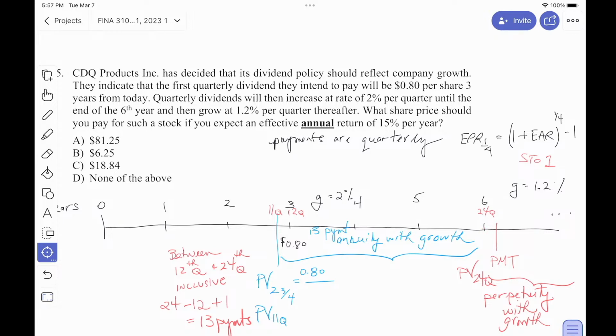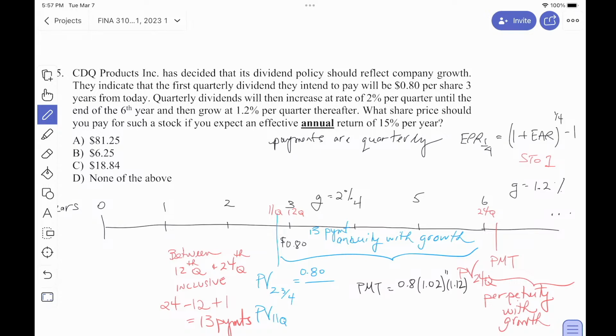So what you're going to have for that payment is going to be 80 cents, 1.02. Okay, I'm running out of space. Let's do that again. I'll make it in black. $0.80. Then you have the 2% for 11 periods. And then you have one period at 1.12.